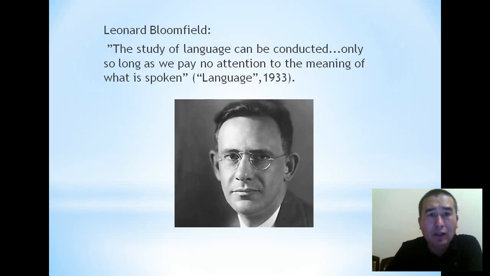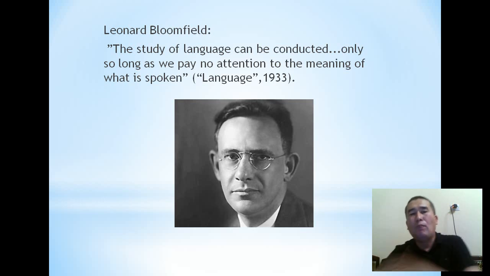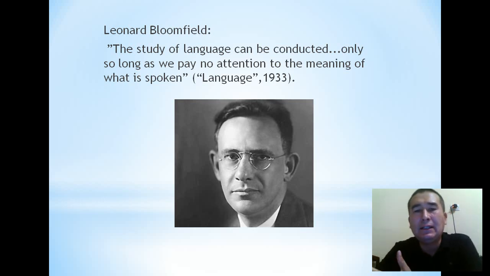According to Leonard Bloomfield, the study of language can be conducted only so long as we pay no attention to the meaning of what is spoken. Mostly, we accept Leonard Bloomfield as the father of descriptive linguistics and de Saussure as the father of structuralism. Both of these scholars were very practical in their ideas.